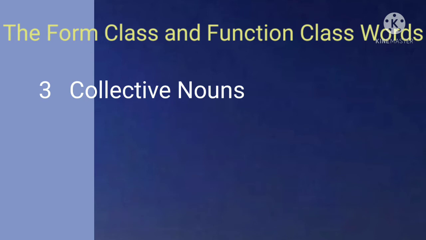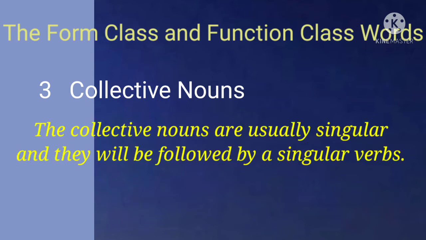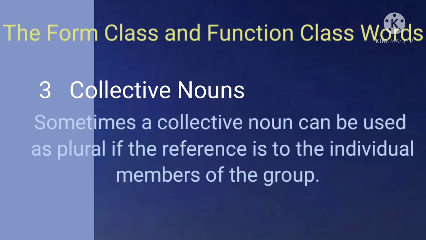The collective nouns are usually singular and they will be followed by a singular verb. But sometimes a collective noun can be used as plural if the reference is to the individual members of the group.